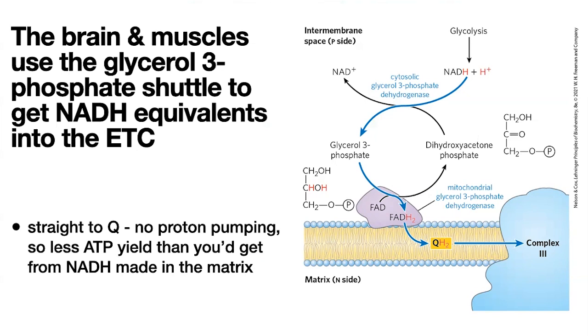We're using that NADH to reduce dihydroxyacetone phosphate to glycerol 3-phosphate, and then we're taking glycerol 3-phosphate and reducing FAD to get FADH2, which gets to Q. So this glycerol 3-phosphate dehydrogenase in the membrane is going to pass the electrons onto Q, which can take them onto complex 3.